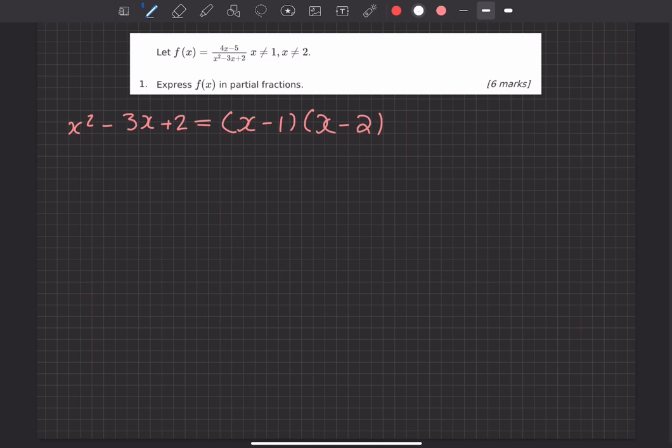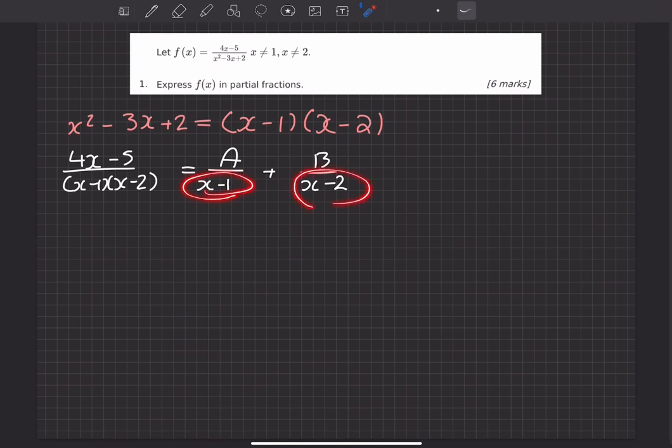So we just need to take these and apply them. So we have f of x is basically 4x minus 5 over, we said x minus 1, x minus 2. And if we put this as partial fractions, we'll have a over x minus 1 plus b over x minus 2, right? And here we just make the denominator the same. So we multiply by x minus 1, multiply by x minus 1, and same with the other, but with x minus 2.